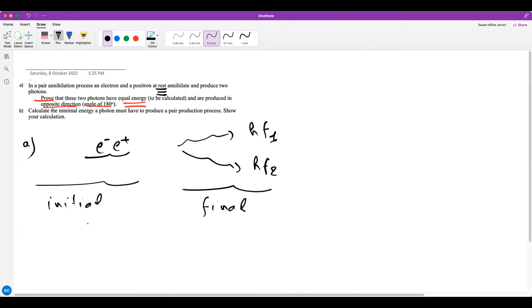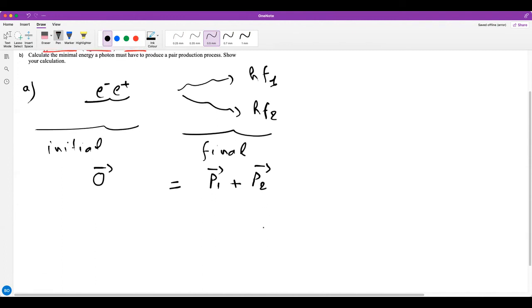So in the initial state, the momentum is 0 because the electron and positron, which is a positronium, is at rest. So the conservation of momentum tells me that the momentum 0 is equal to the momentum of the first photon plus the momentum of the second photon, right?